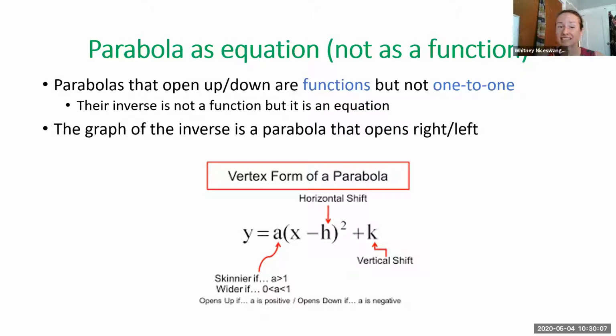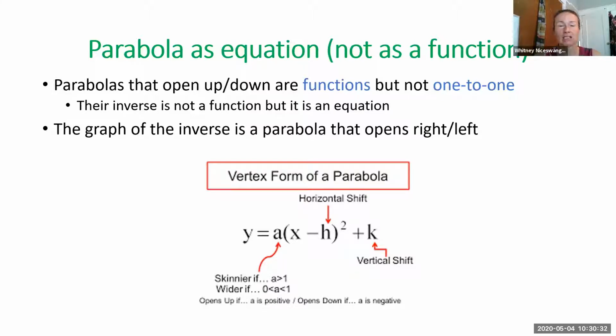But we can still take their inverse and get a new equation. Their inverse is no longer what we call a function. It doesn't pass that vertical line test. The inverse of the parabolas that we've used before are also parabolas. They're just going to open left and right instead of up and down.